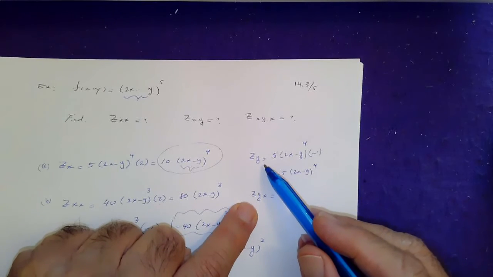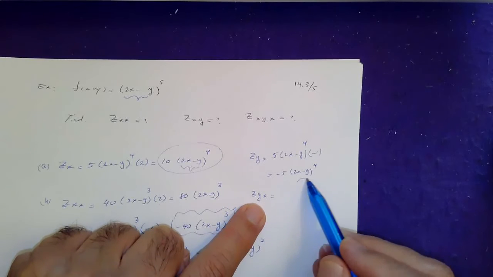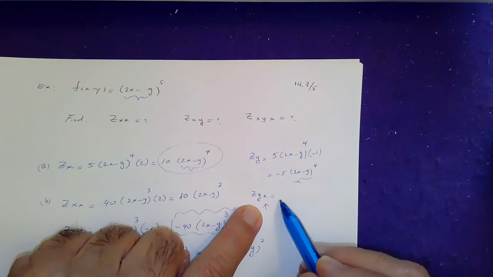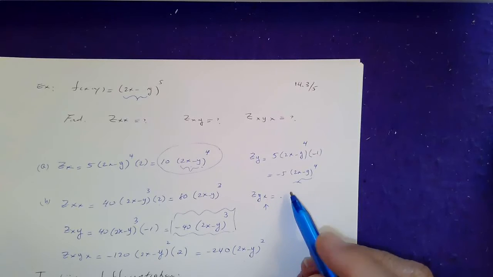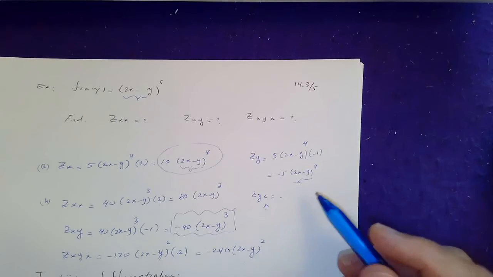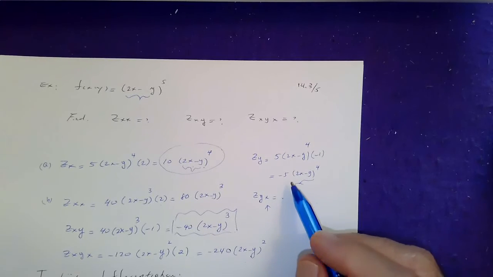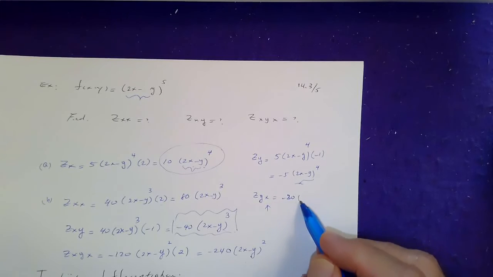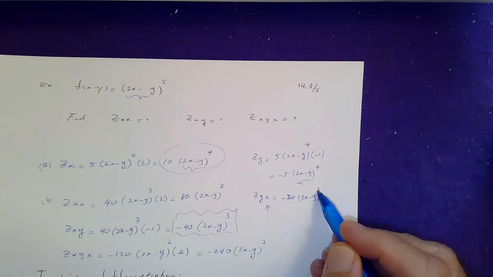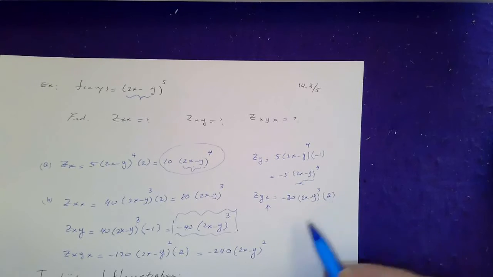So I already got the partial with respect to y, correct? Now I'm going to take the partial of this with respect to x. That's going to be negative 20 times (2x minus y) cubed times the partial derivative of 2x minus y with respect to x, which is 2.